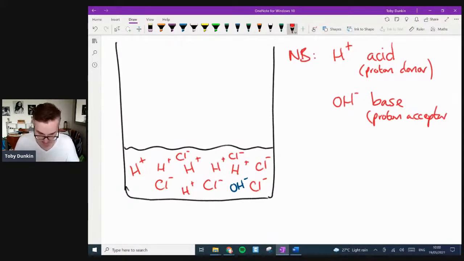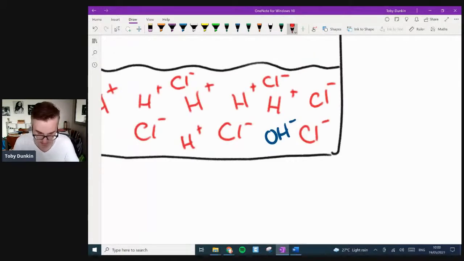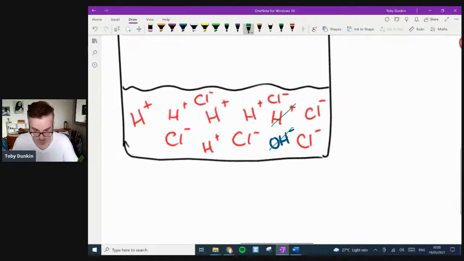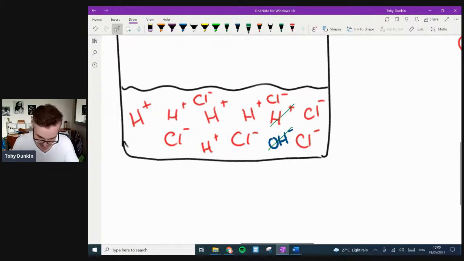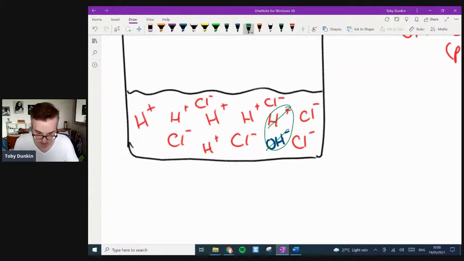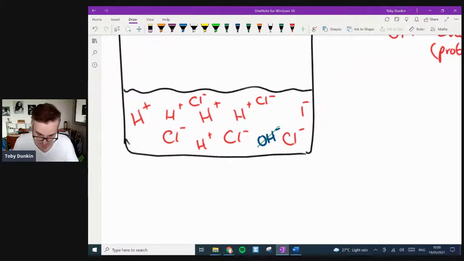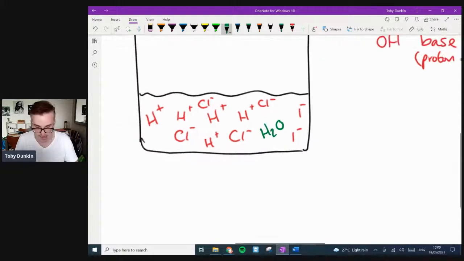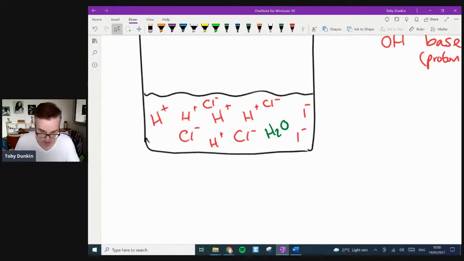So the OH minus is going to react with one of the H pluses, and it's going to become water. These two react together and disappear from the situation. When they vanish to become water, there are still loads and loads of H pluses floating around.